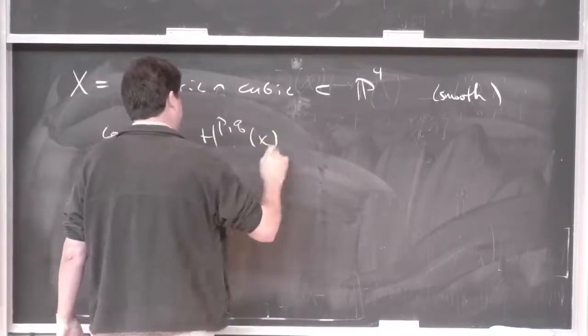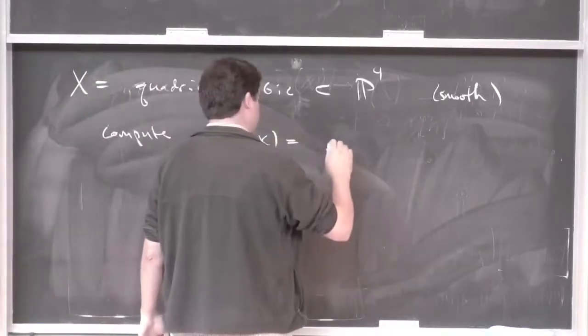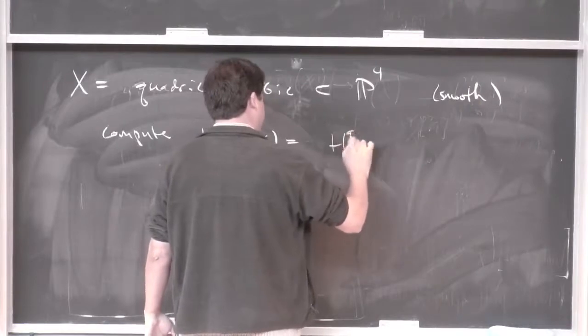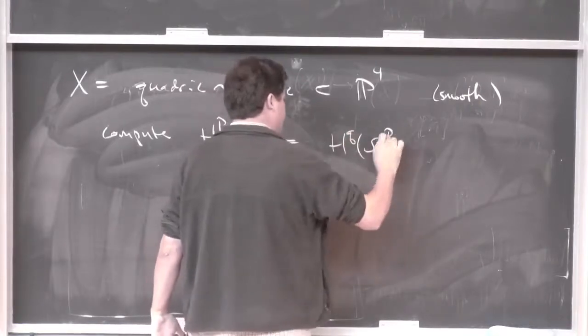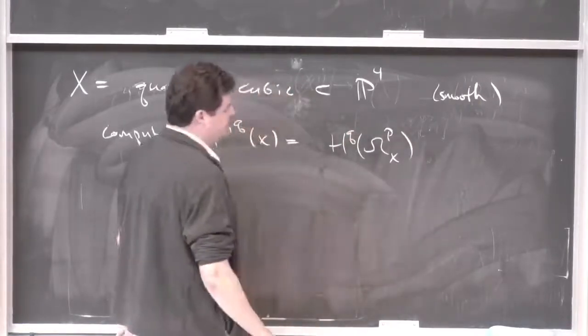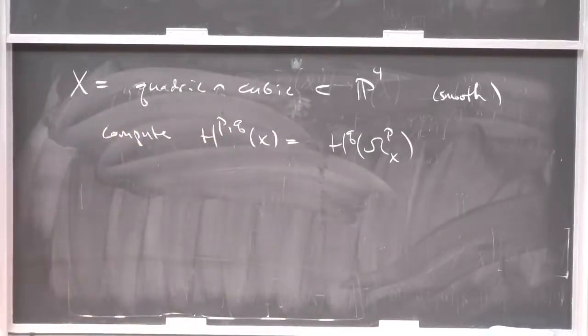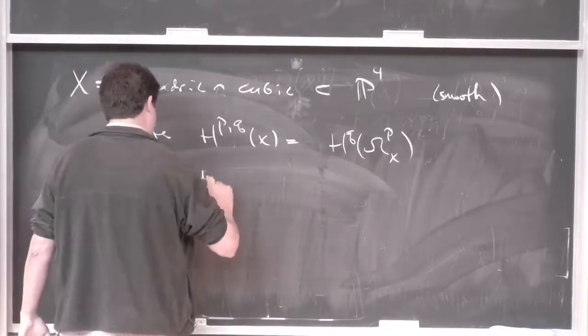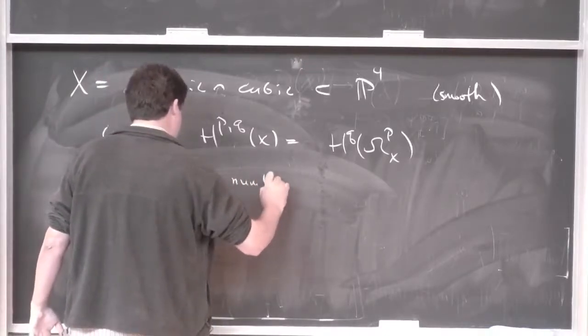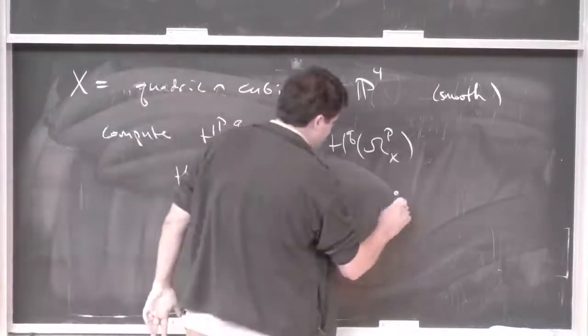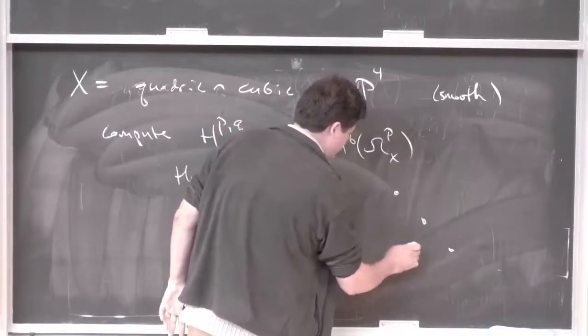H^{p,q} of X, and I'm going to be over C. So I want to compute these numbers, the Hodge numbers. And I'm going to put them together in a Hodge diamond like this.